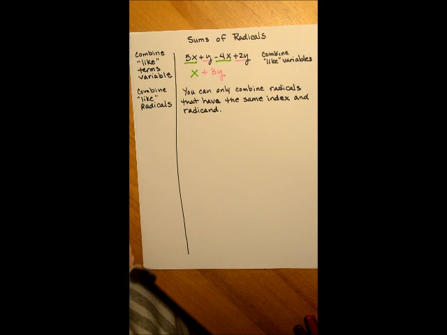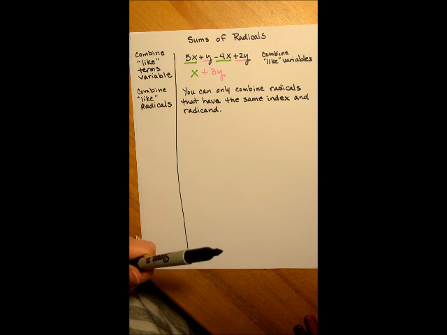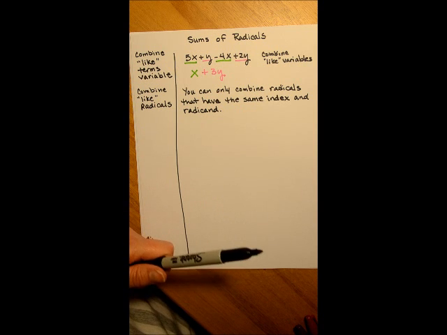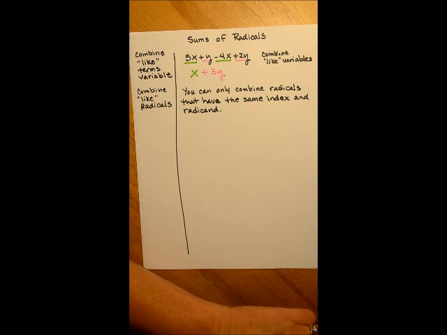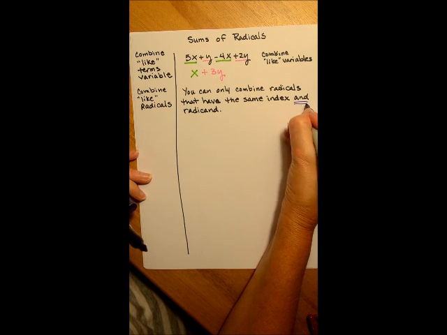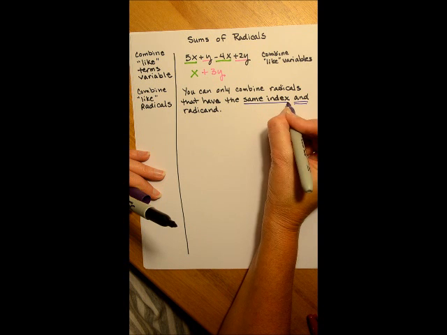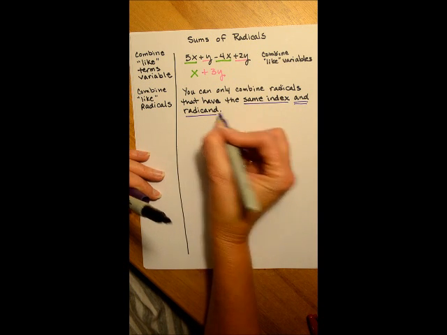Okay, so that's the only thing you can combine. It's an "and" though, so both of those have to be true. Both of these are true. So it has to have the same index and radicand.